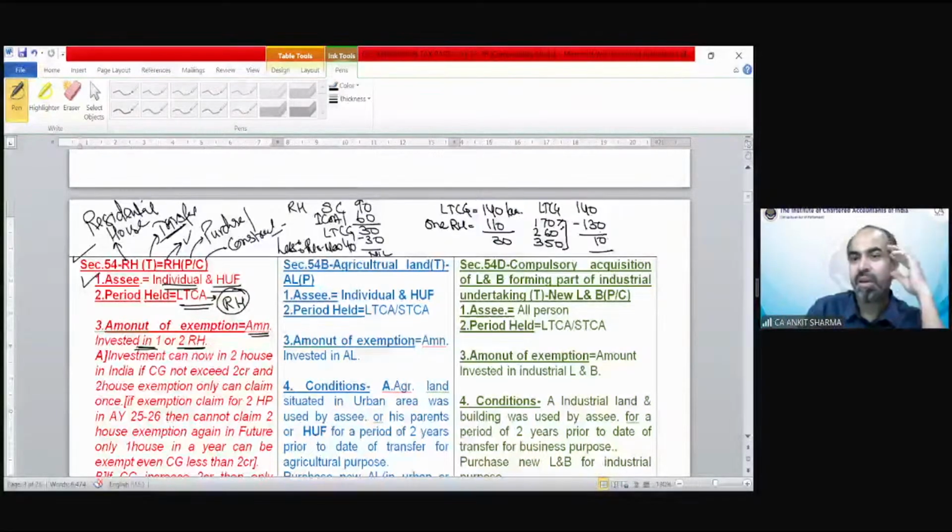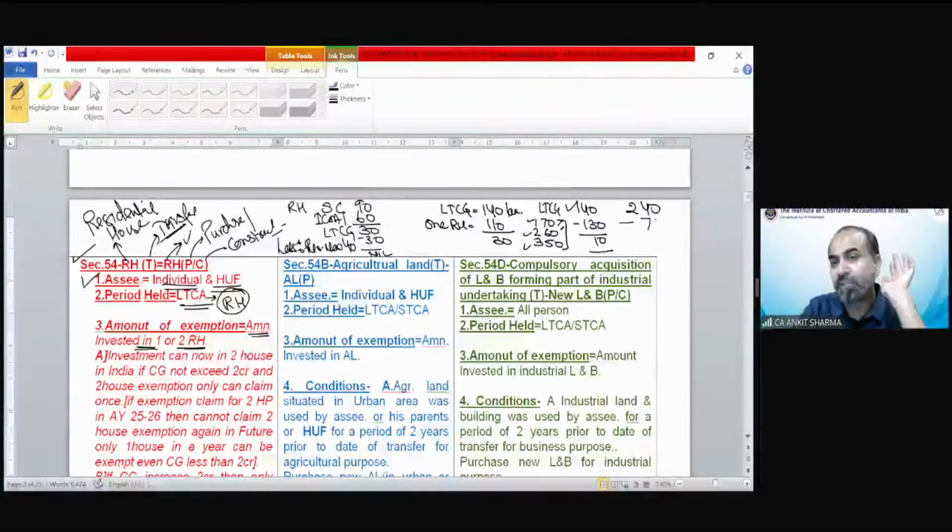Suppose there is a gain of 240 lakh. In the second case, suppose there is a gain of 240 lakh. You did not claim two house exemption ever. Now you purchase three houses. So if the gain is up to 2 crore rupees, you can claim two house exemption if you want. But if the gain exceeds 2 crore rupees, then you cannot use this exemption.